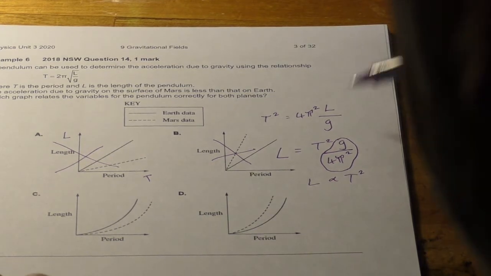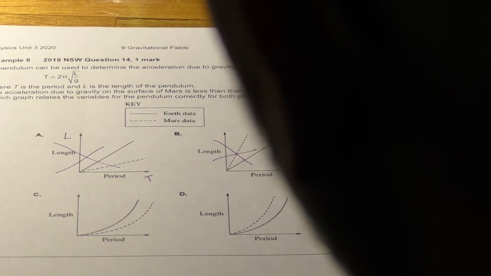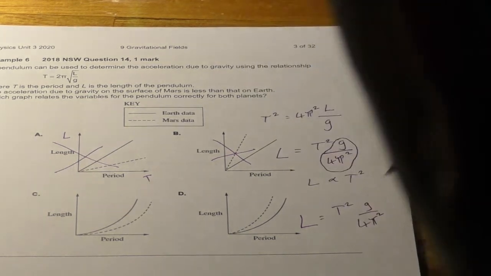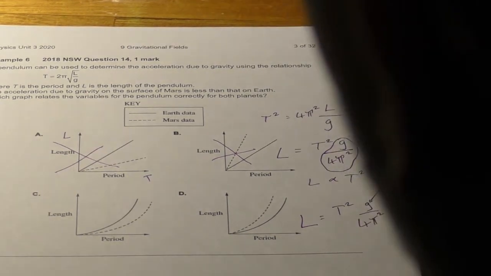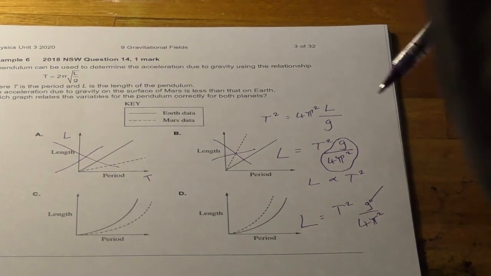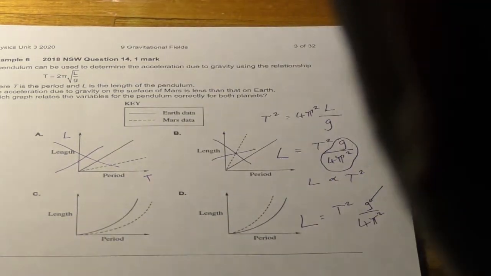As you can see here, if we look at this more clearly, when we're looking at L is equal to T squared multiplied by G over 4 pi squared, this G here, if this number is bigger, as it is on Earth, and I don't know how much you know about the planets, but Earth is significantly bigger than Mars.